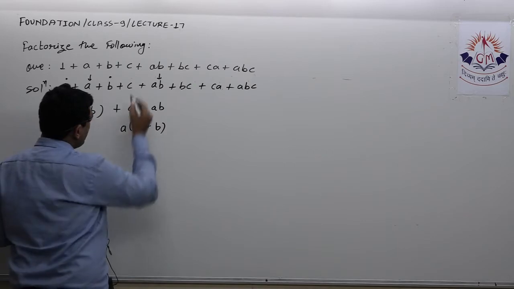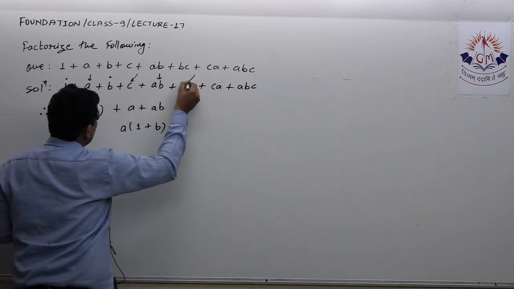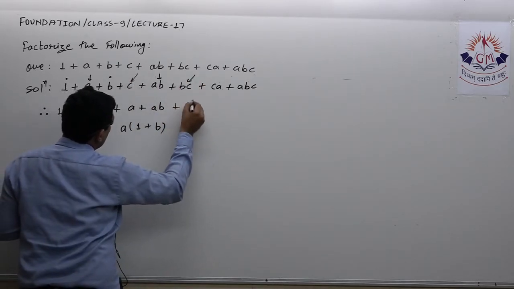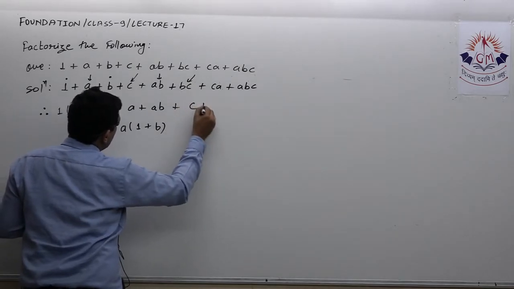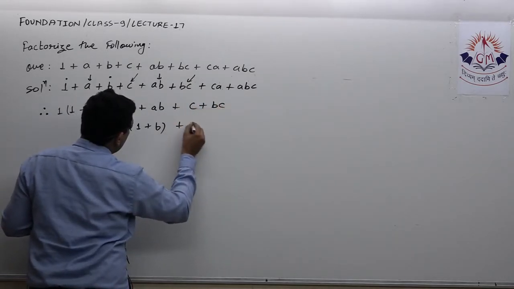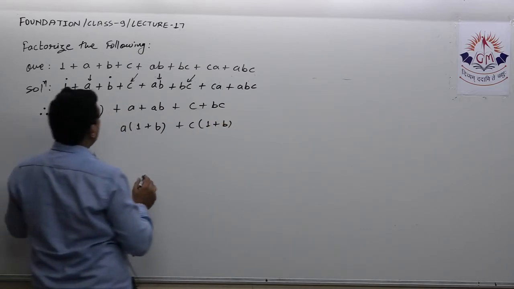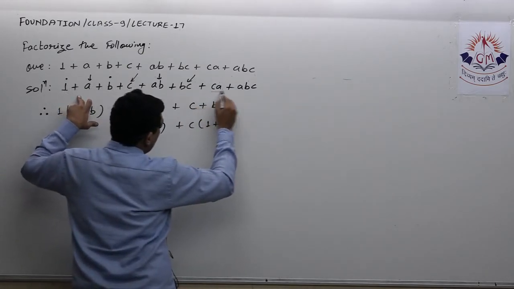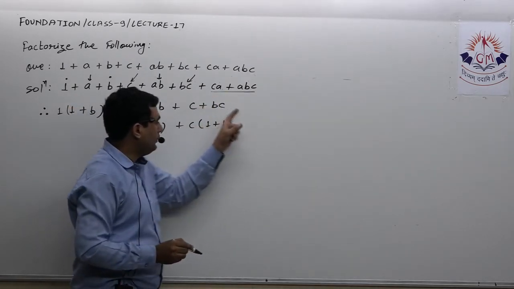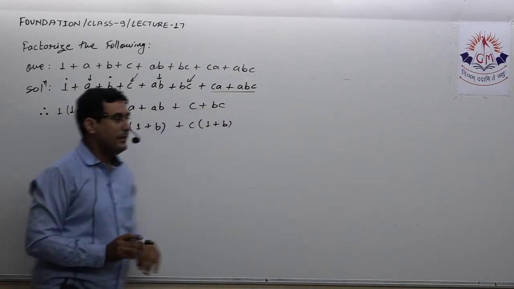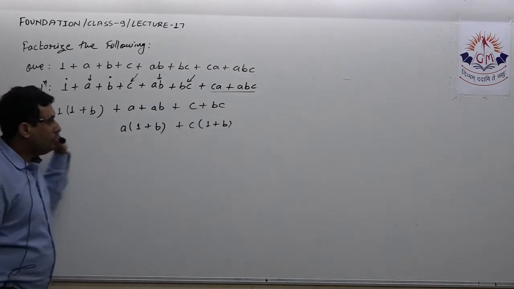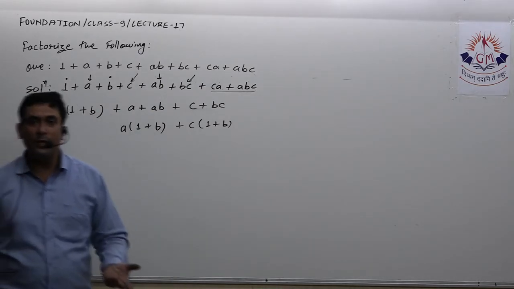Now if I take these two terms, c plus bc, here if I take c common, I will get 1 plus b in the bracket. And finally the two terms which are left, if I take ca common from these two, I will get 1 plus b in the bracket.